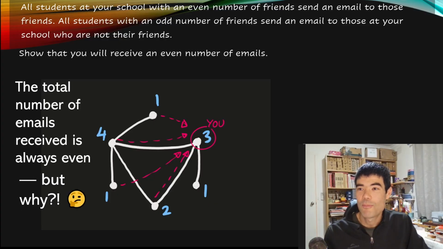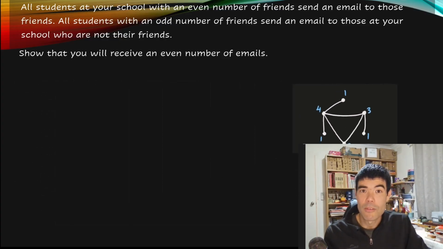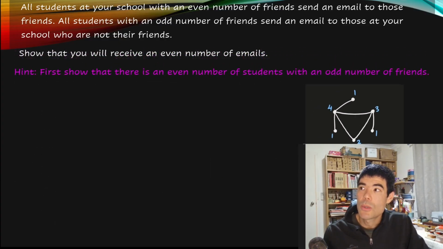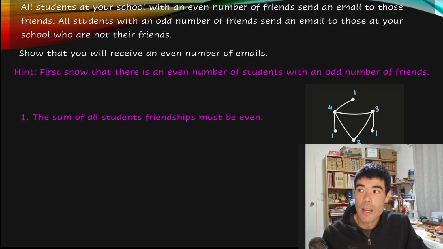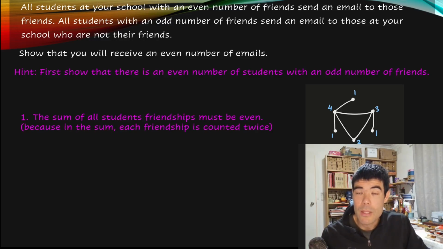But why? There was actually a hint provided with this question in the competition, which is to first show that there is an even number of students with an odd number of friends. And we can prove this by starting from the fact that the sum of all student friendships must be even, because each friendship is counted twice in the total sum. In graph theory, we could say that the sum of the vertex degrees is always twice the number of edges.